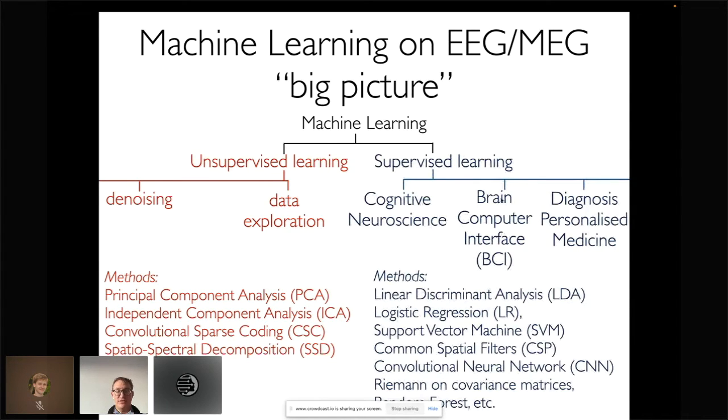It can be used in brain-machine interfaces, but also in personalized medicine, where EEG and MEG can be used as a biomarker of certain clinical conditions. A method historically employed in this category is linear discriminant analysis, LDA, a linear classifier which is a generative model with multivariate Gaussian models for the classes. Then logistic regression, which I will illustrate a bit later. Historically, the first decoding studies on brain signals were done with linear support vector machines.